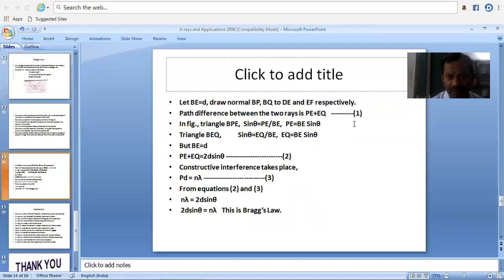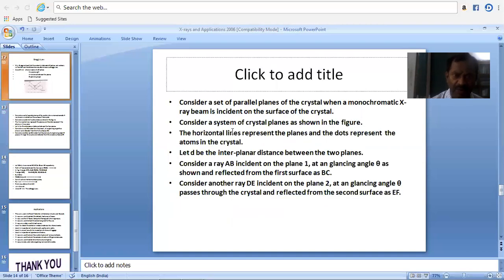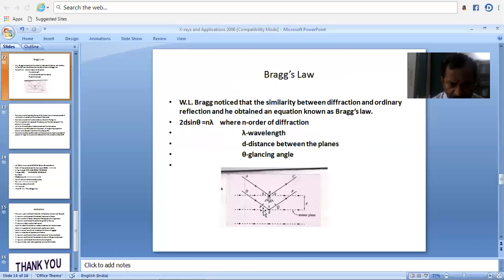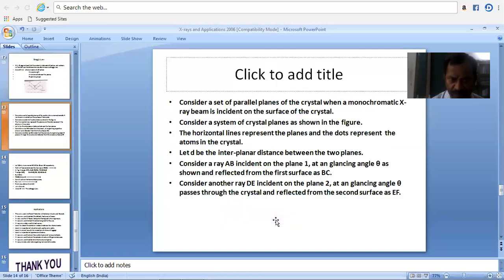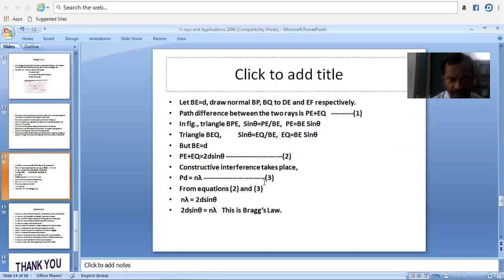Call this equation number 1. In the figure, in triangle BPE, sin theta equals PE by BE. PE is equal to BE sin theta, we can write.